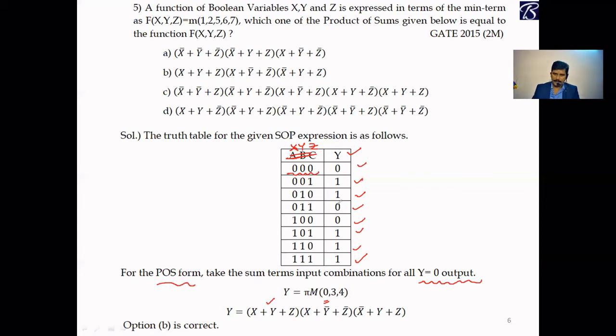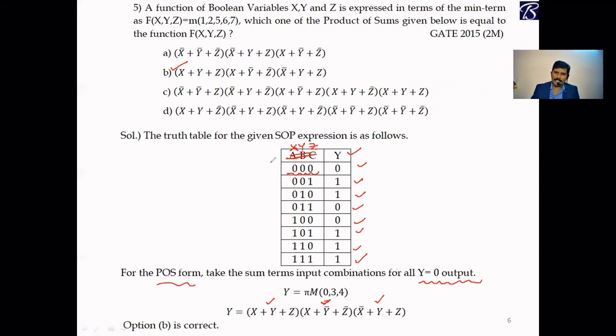3 means 0, 1, 1, that means x plus y bar plus z bar. This is the second one. And the last 0, that is 1, 0, 0, that means x bar plus y plus z. So this is the third term. So here option B is correct. In this way, we can simply convert the given SOP into POS.